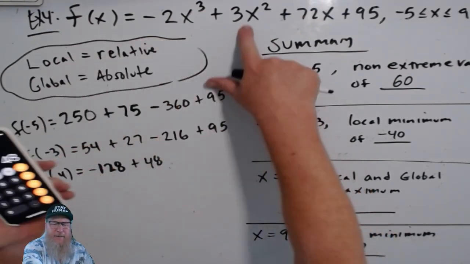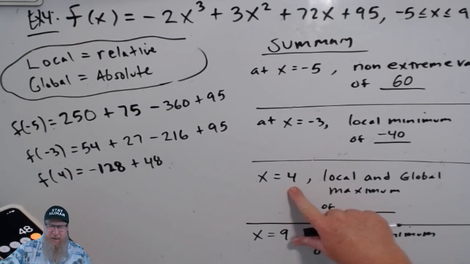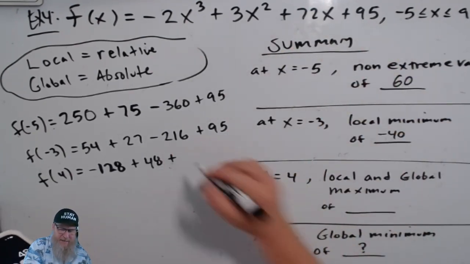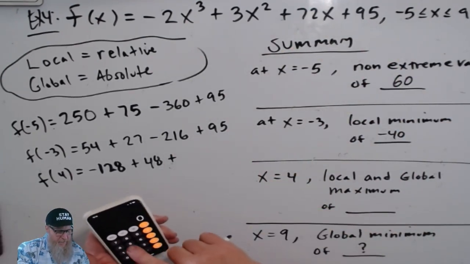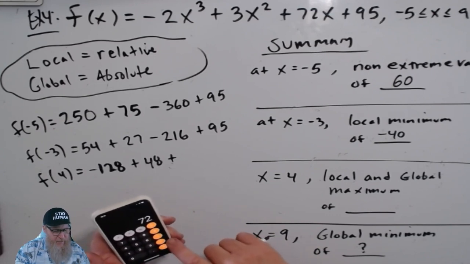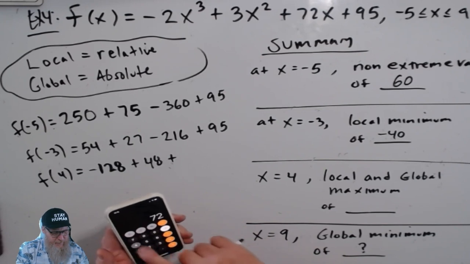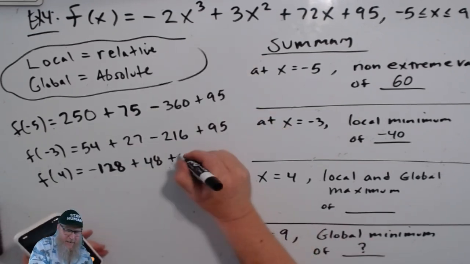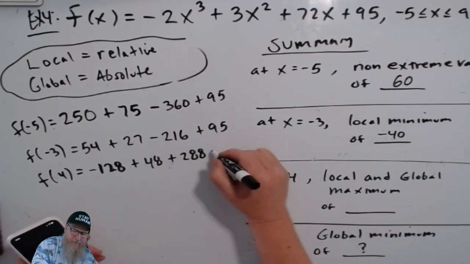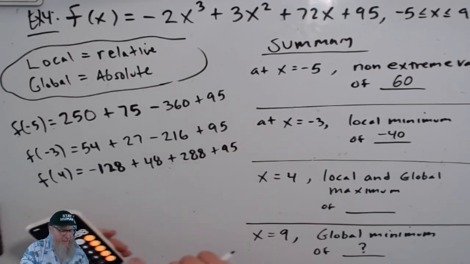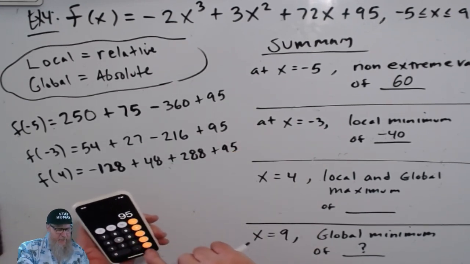It's 48. That's positive. The rest of these are all positive. 72 times 4, 288. And then plus 95.